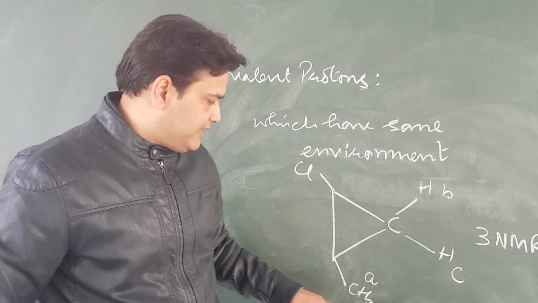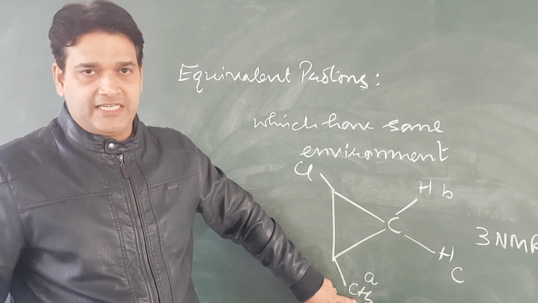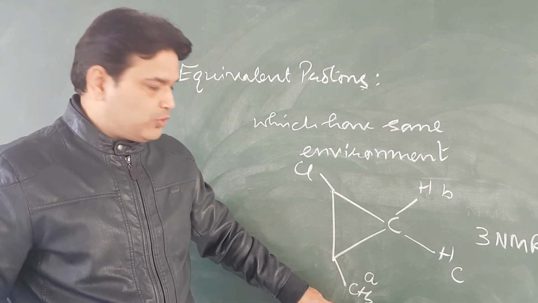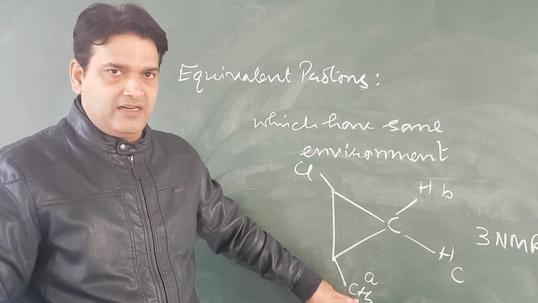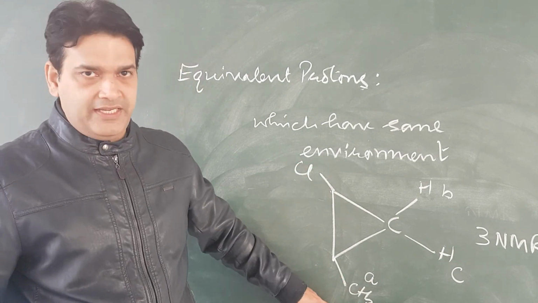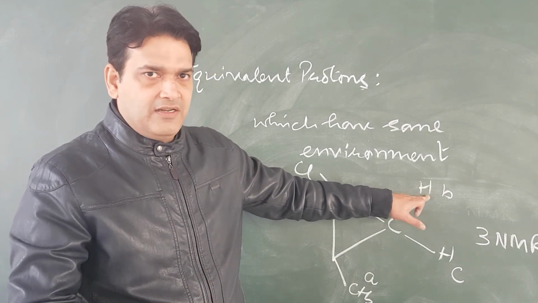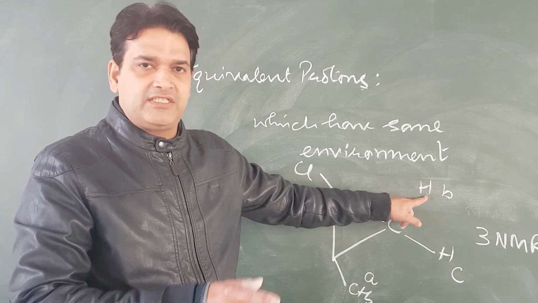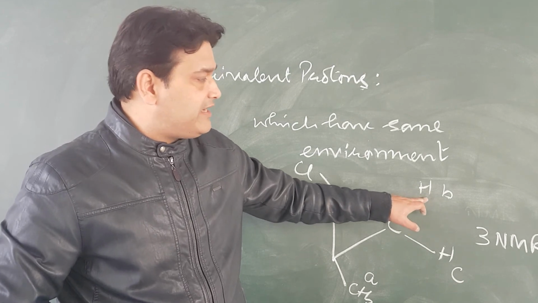One NMR signal will be due to these 3 H atoms, because all these 3 are of one type. So these 3 H atoms will give one NMR signal, but due to the presence of 3 H atoms, its intensity will be high. And then this H atom will have a different signal, but its intensity will be low, because it is due to only one H atom.